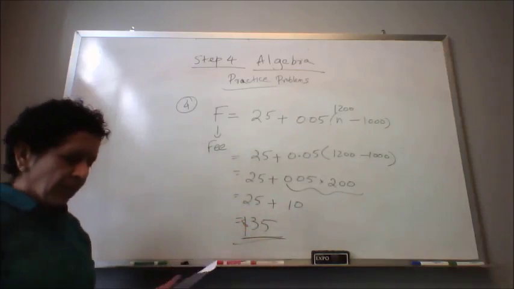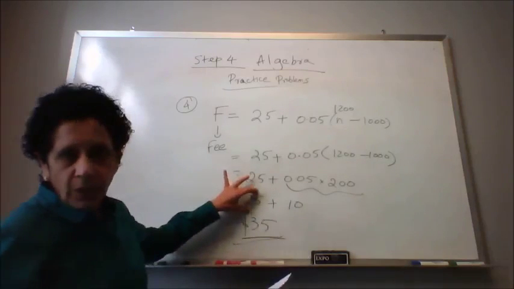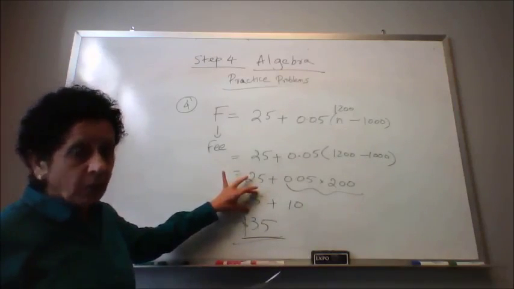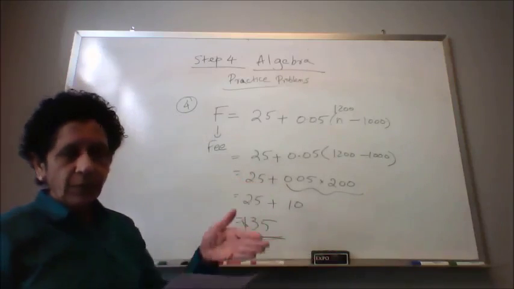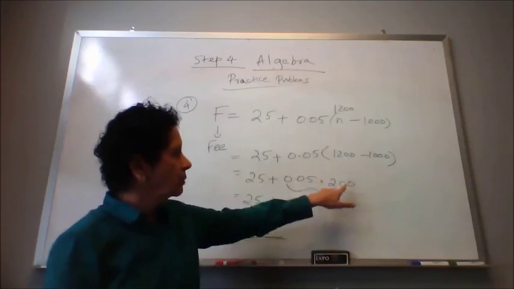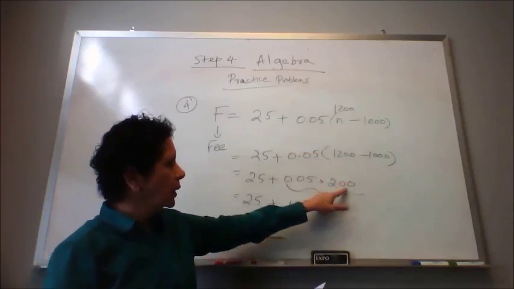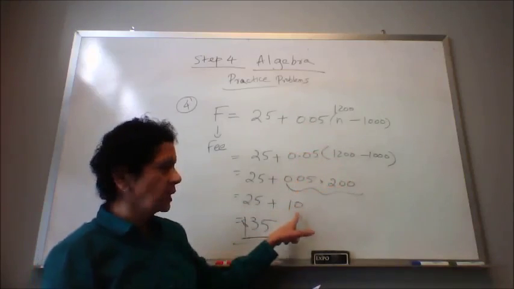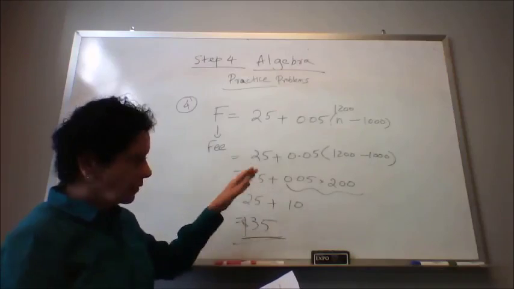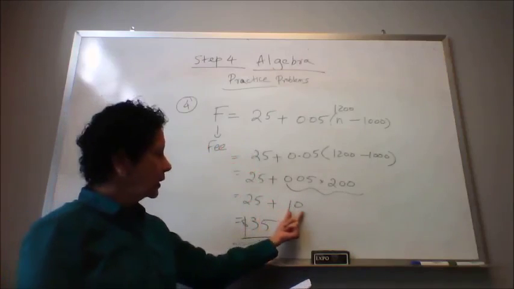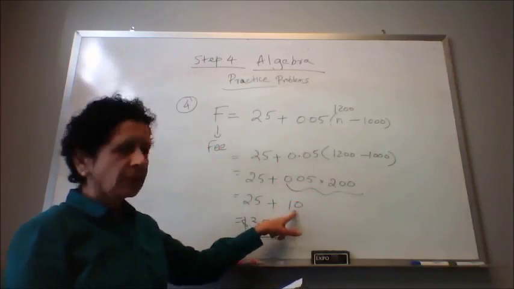So what this is saying is that the monthly fee is $25, so Tom is paying 25 no matter how long he talks. Then after 1,000 minutes, every minute he'll be paying 5 cents. He talked 200 minutes over 1,000 minutes, so 200 times 5 cents is $10, right? It has to make sense to you. 25 is the fixed monthly fee, and for the additional 200 minutes he talked, he's paying 5 cents a minute, so he paid $10.